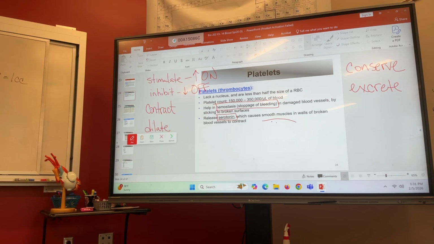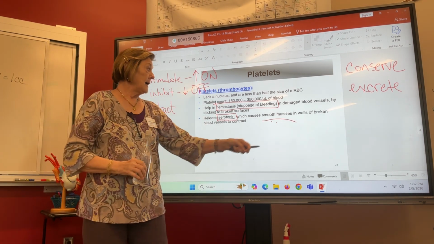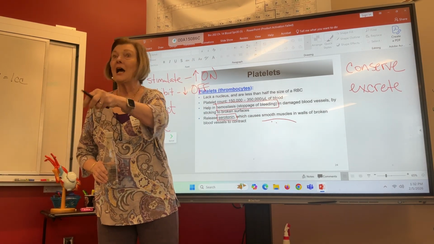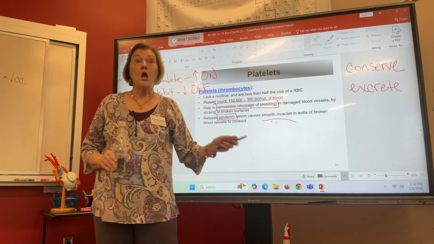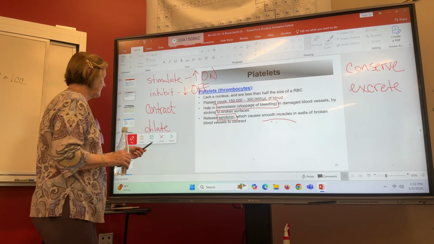My question to you is, which is smooth muscle? Involuntary. You cannot control it. Your body, thank goodness, does. You can only control skeletal. Good.